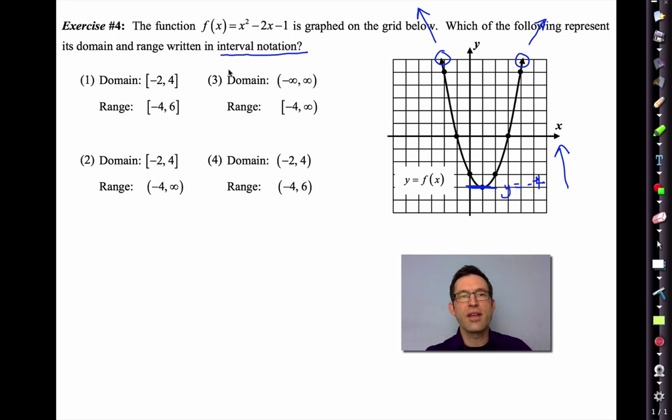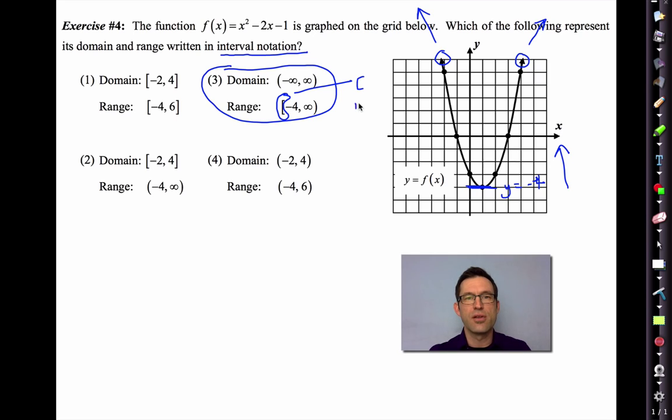So our correct answer ends up being choice number 3. All right, and it's choice number 3. The domain -infinity to +infinity means that any x value we'll be able to put into this function. The range, on the other hand, starts at -4. Remember, the bracket means includes, right?